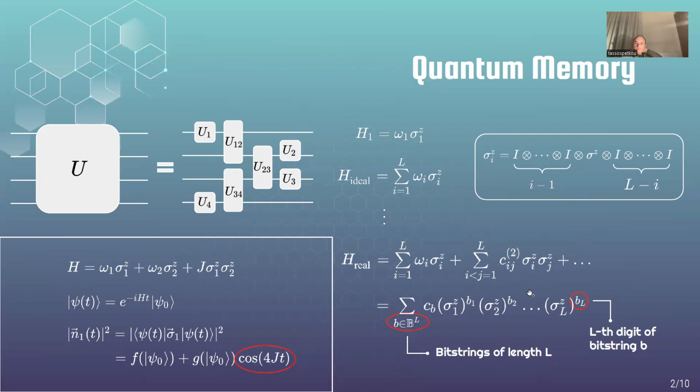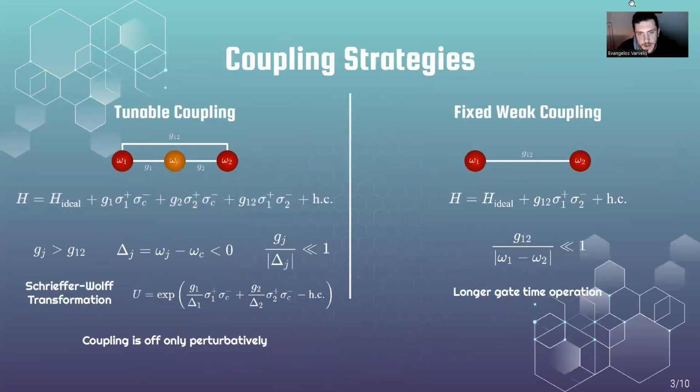Okay, and what would you say to these people who build these memory devices? Can you give them a technical design that is useful? Yes. Another thing is, when I talked about the coupling strategies, you have these two here, right? What I mostly referred to is the case where you have a static fixed coupling.